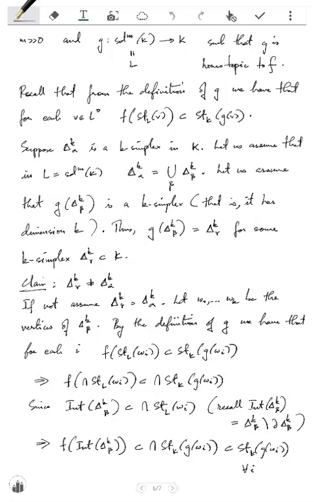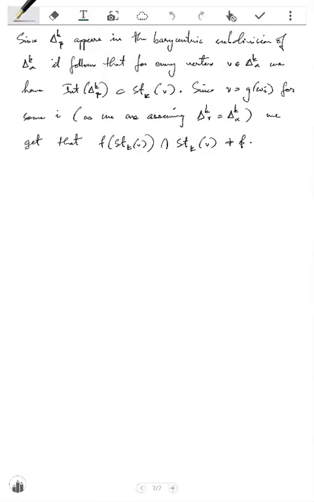So that follows because of this equation. So this is a contradiction. So this proves the claim.